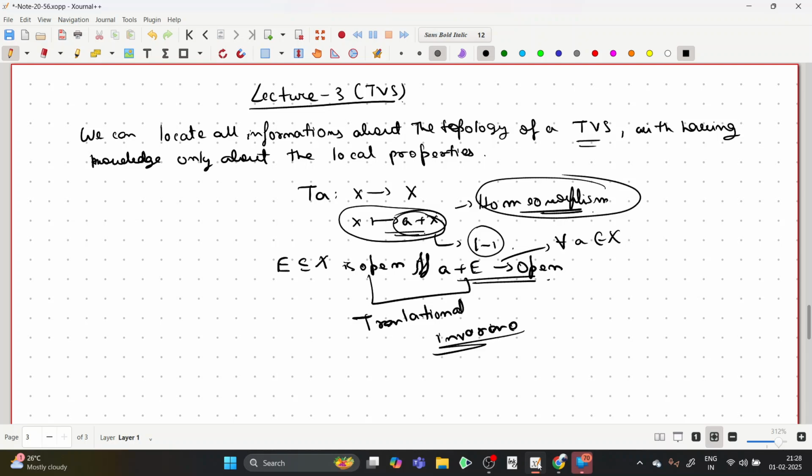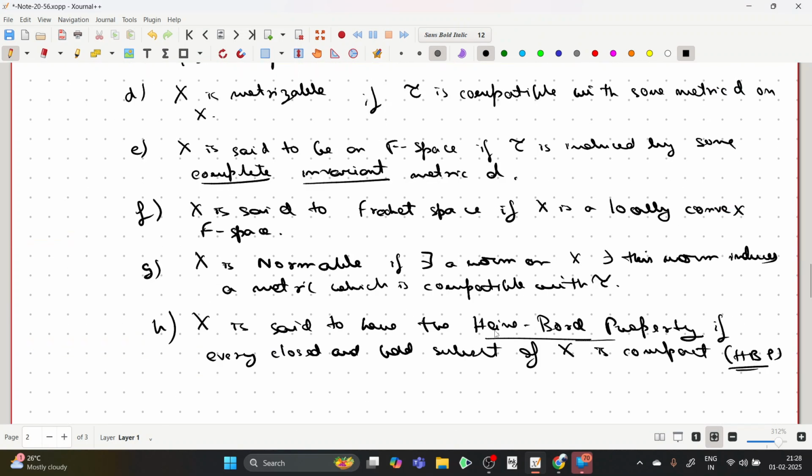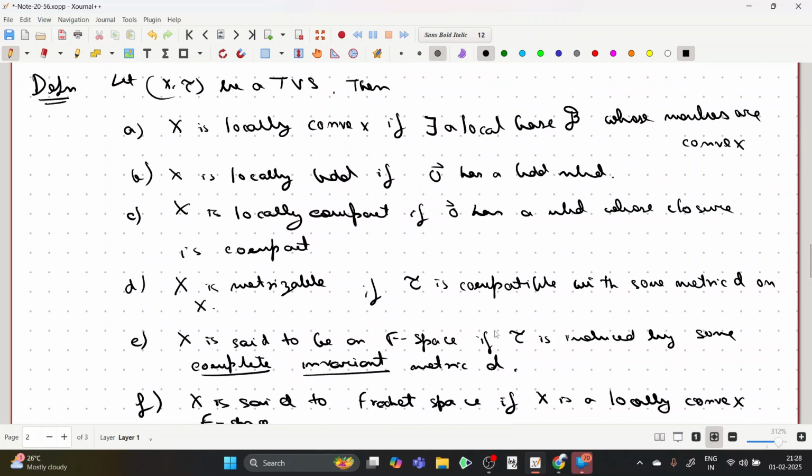And then we had a series of definitions which came as a list, so I'm just giving a quick review of those. These were the definitions where we covered the concept of something being locally convex, locally bounded, locally compact. You can obviously see that all the properties which we are defining in order to discuss later are local topological properties, and everything is related to the local base, which is a collection of neighborhoods of the origin.